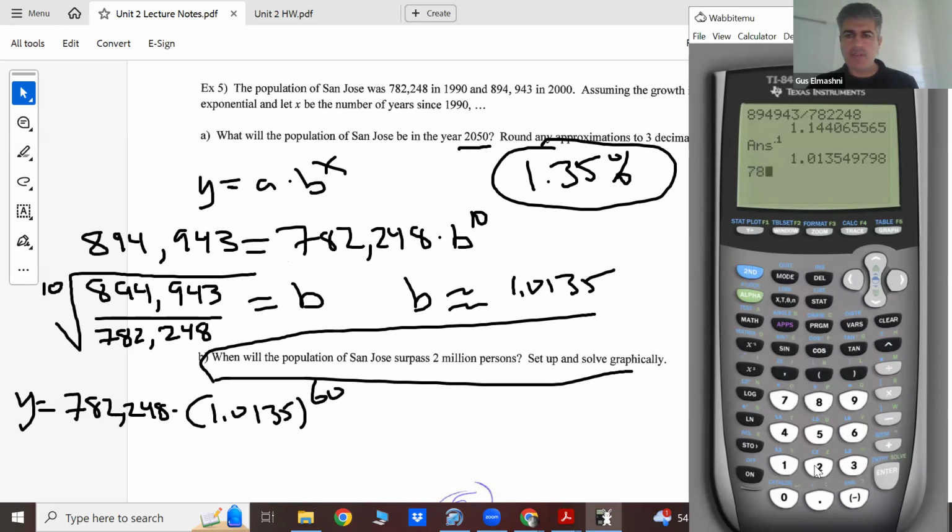So 782,248 times that number raised to the 60th, and we expect that many people in San Jose 60 years after 1990, because that's the year 2050. You can solve for b already, yeah, we did. It's 1.0135.